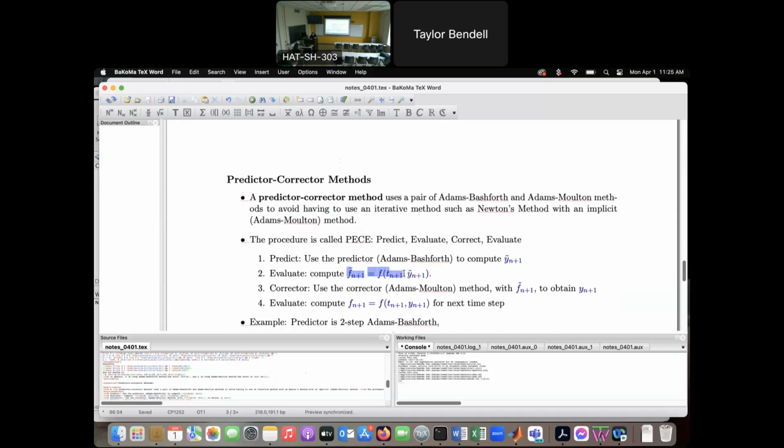But we can use this value instead. So we can use an implicit method as if it was an explicit method because we already have the values we need. And that gives us our final value of y n plus 1. And then we substitute that y n plus 1 back into f. And this gives us our final f value to use for the next time step. So no iteration required.